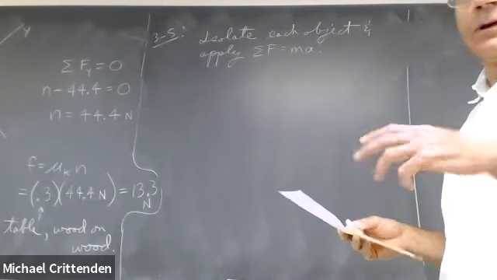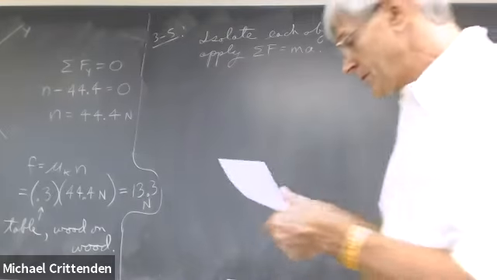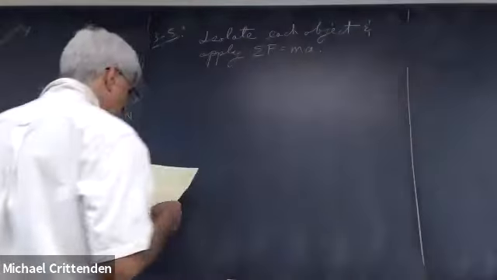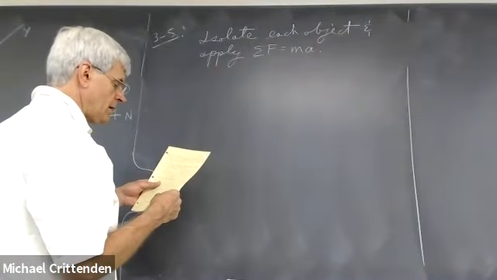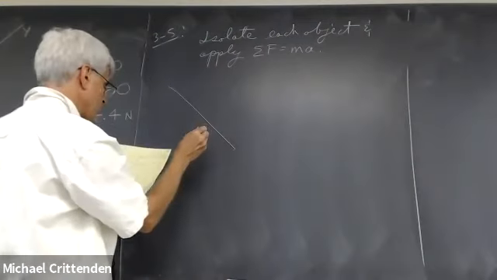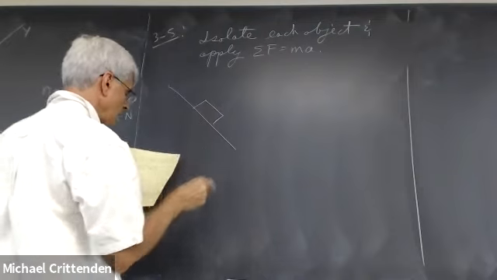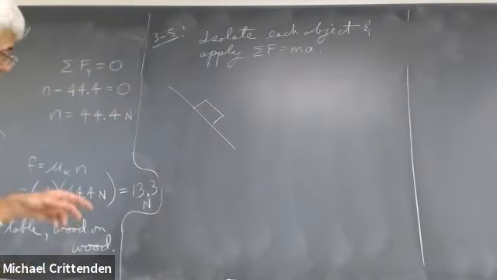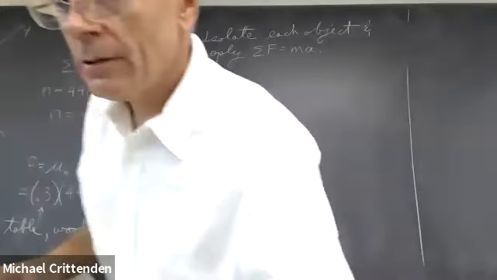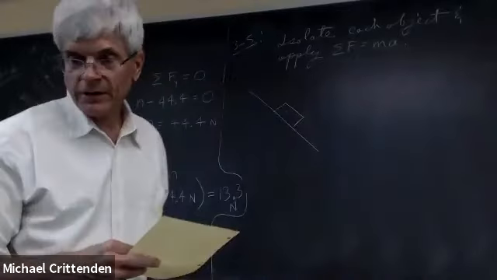In other words, look at each object alone and apply the law to it. So we've got the block on the ramp. And a lot of the numbers are going to be there. If I just kind of slide that over a little bit so you can see where things are coming from.